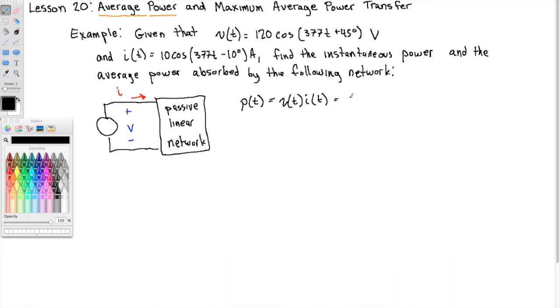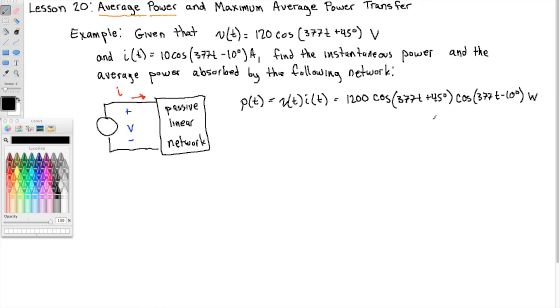So that's 120 times 10, which is 1200, times cosine of 377t plus 45 degrees, times cosine of 377t minus 10 degrees, in watts.